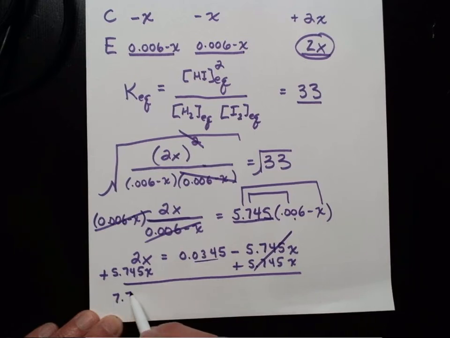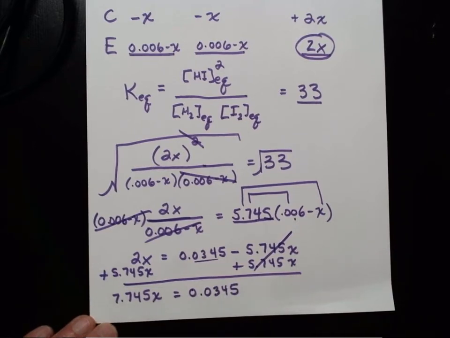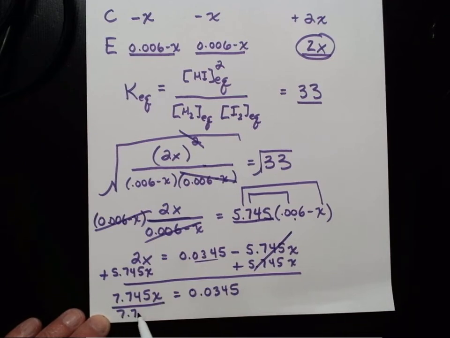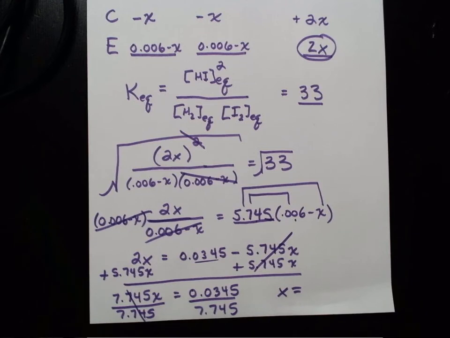That's 7.745X. That's going to be equal to 0.0345. We're getting close. I want to know what X is. So I divide both sides by 7.745. And I get X equals whatever this is. Let's find that out.